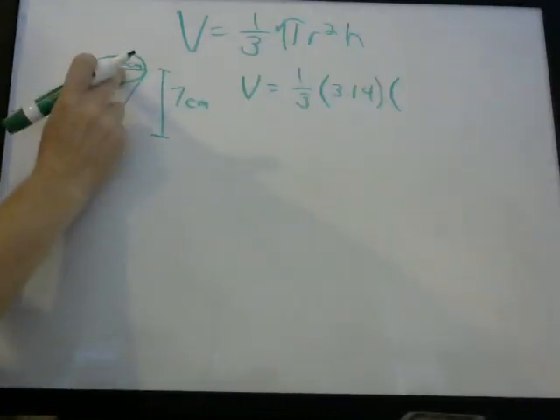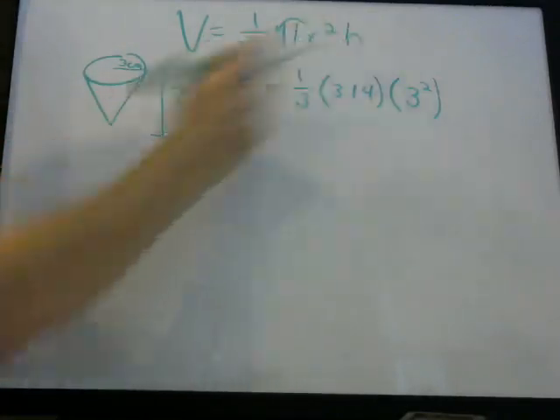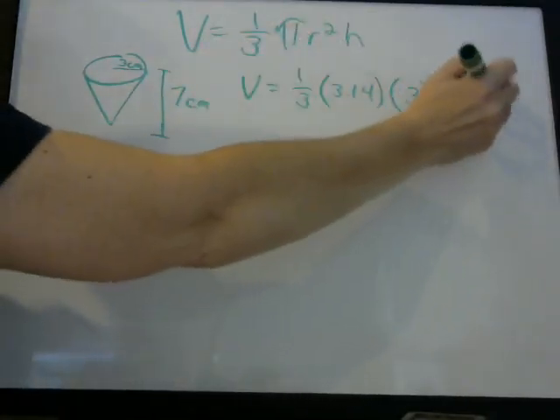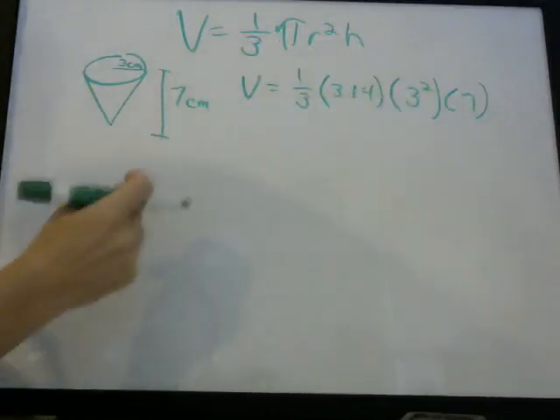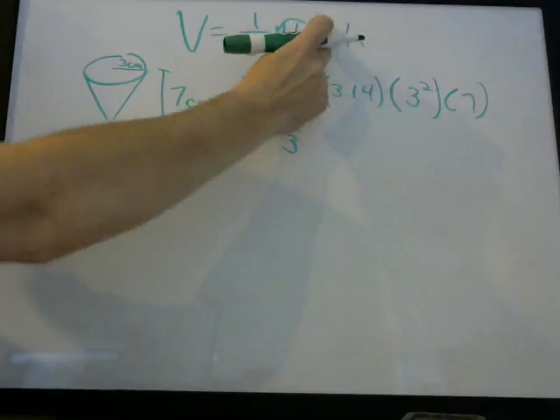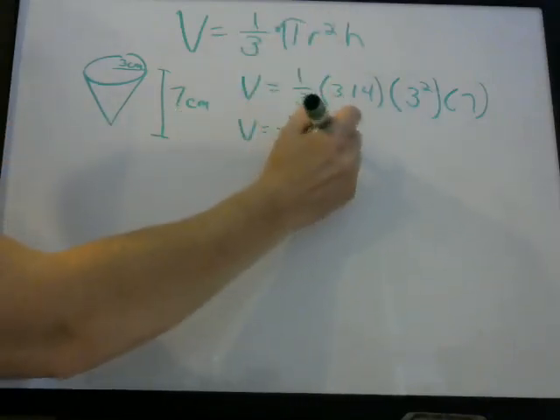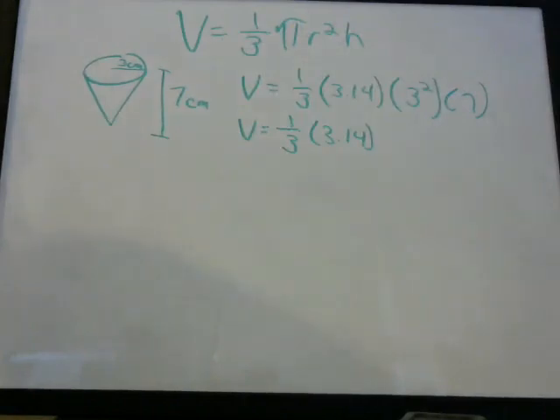Radius, which we said is 3, radius squared, times height, which is 7. Remember, when these are all written beside each other, that means multiplication. So we have 1/3. Remember, you have to do exponents first, times 3.14 times 3 squared. So that means 3 times 3.